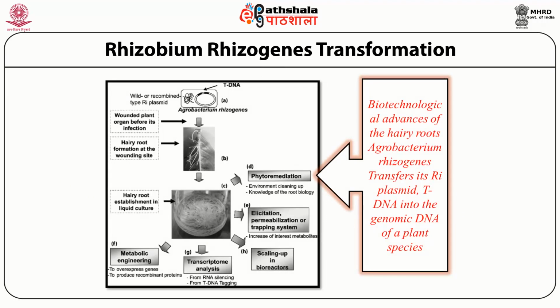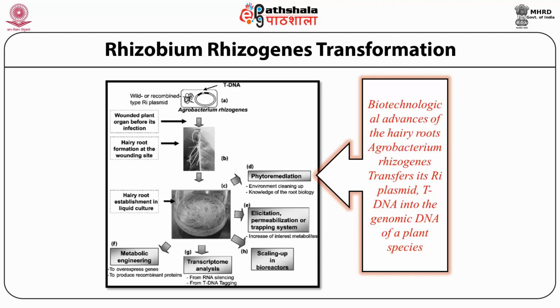Wild or recombinant type of plasmid causes wound formation in the infected plant part. As a result, hairy root formation takes place. These are the biotechnological advances of the hairy roots of Agrobacterium rhizogenes transfer, which show in what way this bacterium is important for biotechnological aspects.